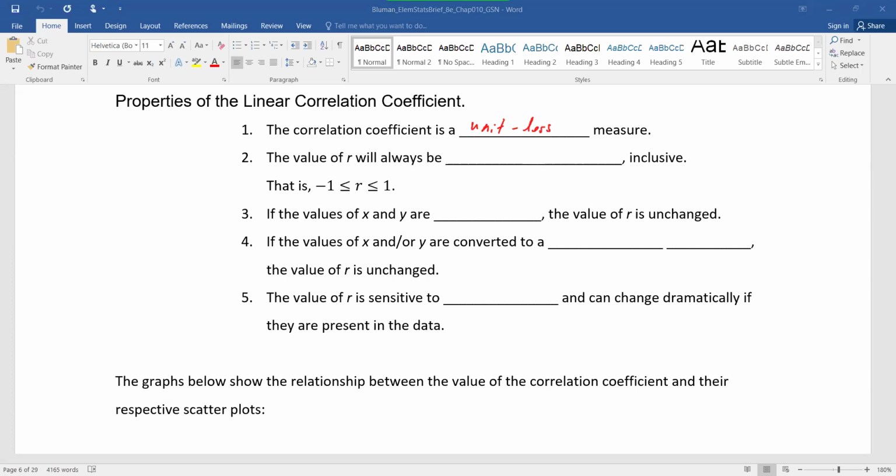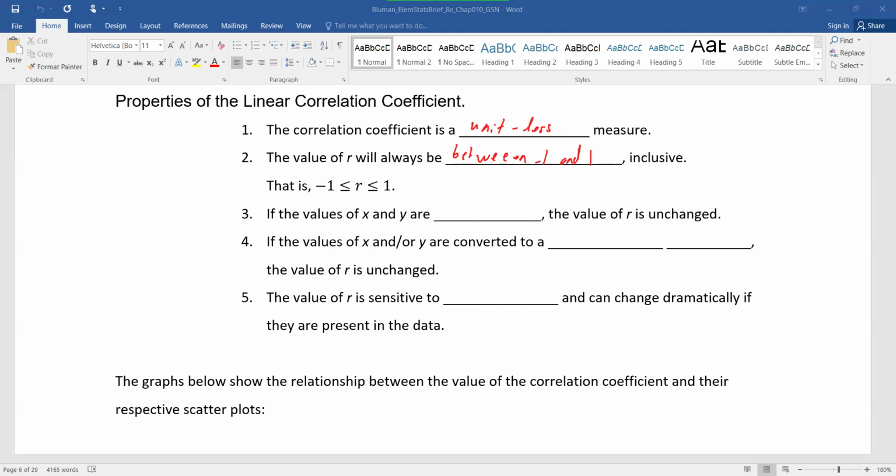It has less units than other things because it only goes from -1 to 1. So the value of R will always be between -1 and 1, inclusive, meaning -1 and 1 can be the answer, along with all the numbers in between. If you ever get an answer outside of -1 and 1, you have done something wrong. Go back and check your work.